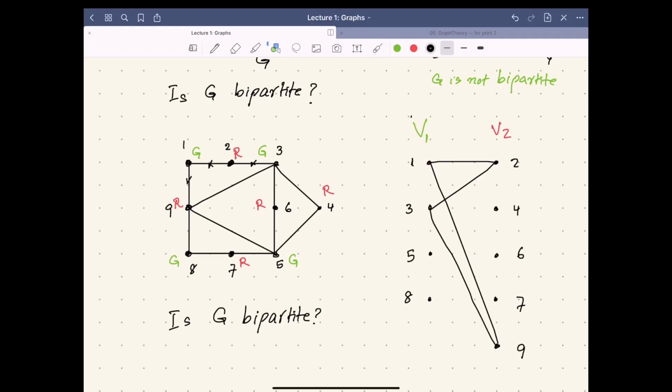And between 3 and 6, 6 and 5, 3 and 4, 4 and 5, 9 and 8, 8 and 7, and we have 9 and 5. So the graph is bipartite, so we say yes, it is bipartite.